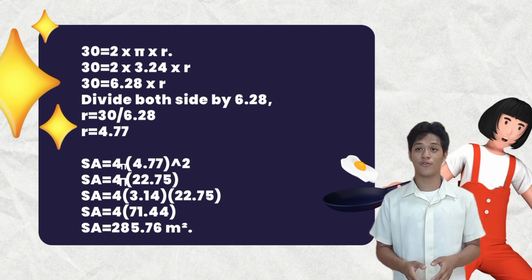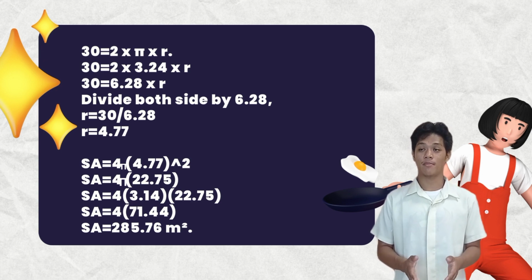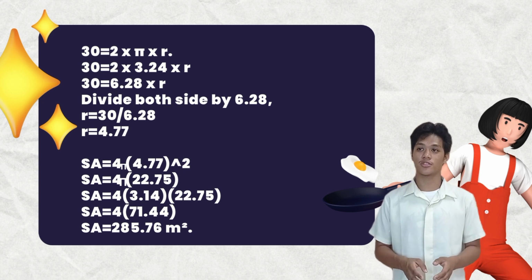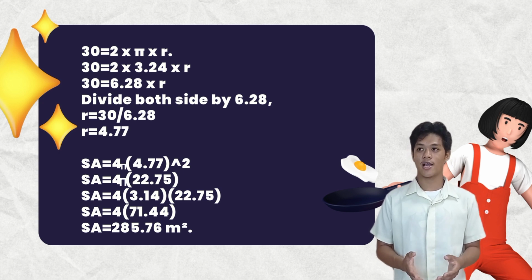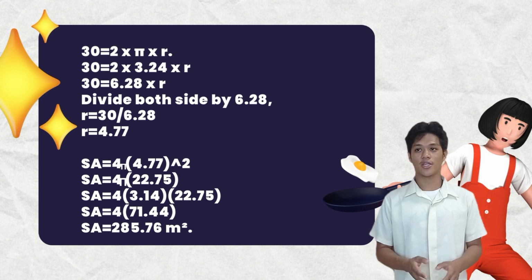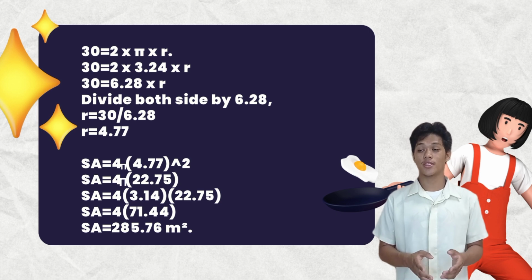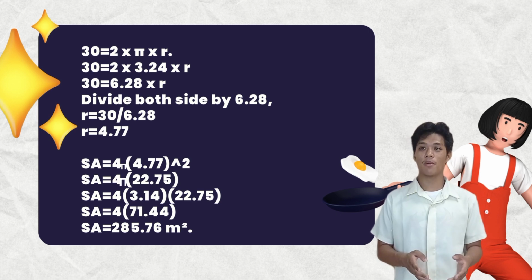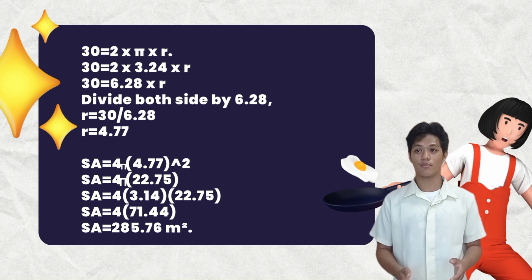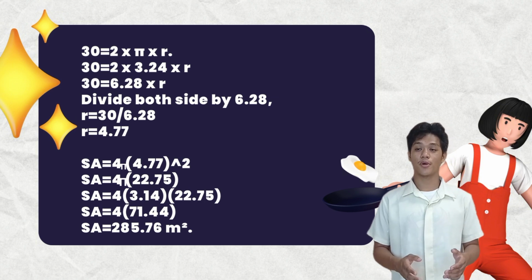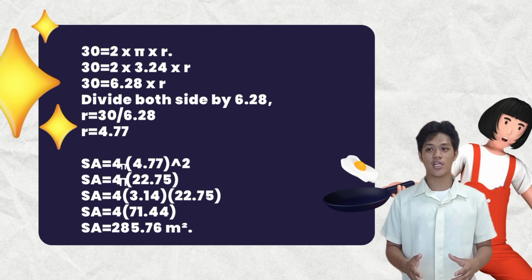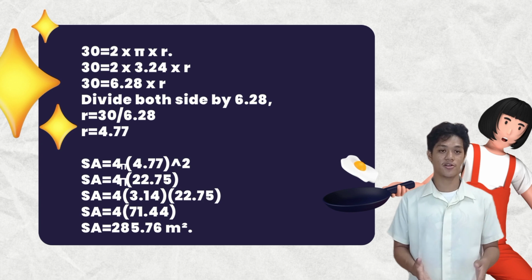Our pi is 3.14. Then 2 multiplied by 3.14 is 6.28. Now we have 30 equals 6.28 times the radius. Divide both sides by 6.28, the division property of equality. r equals 30 over 6.28, our radius is 4.77.